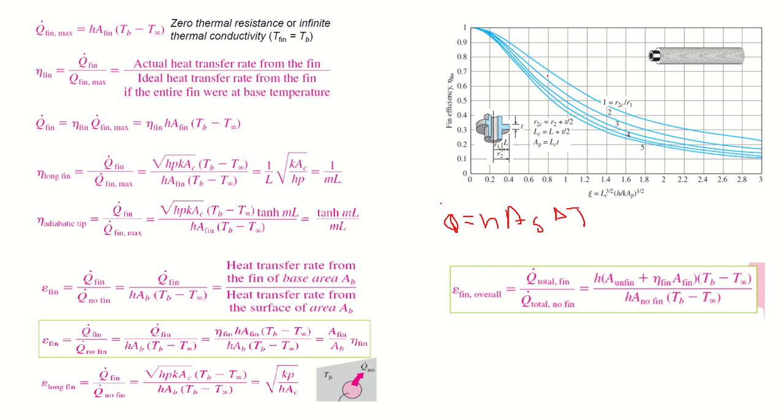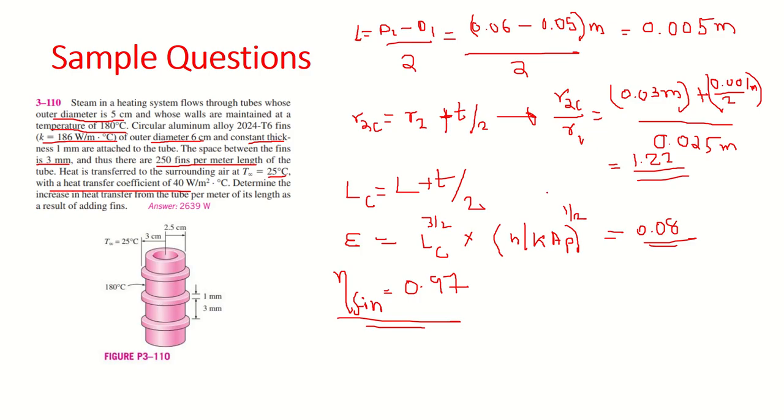Wait, I made a mistake. R2C was around 1.5, right? So it should be 0.75. I think I made a small mistake in my calculations.